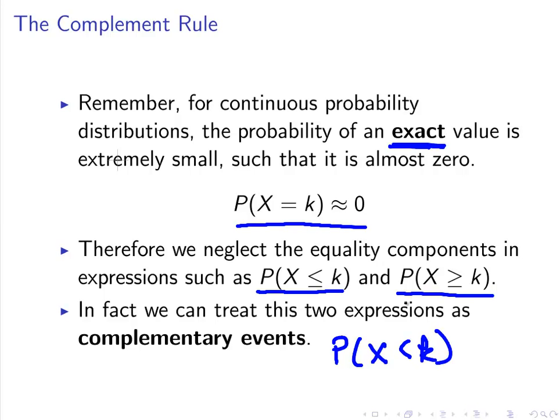We can treat these two expressions, the ones I have underlined here, that one there and that one there, as complementary events, okay? Again, to re-emphasize, the only overlap is the probability of x equal to k, and it is almost zero, such that we can disregard it.